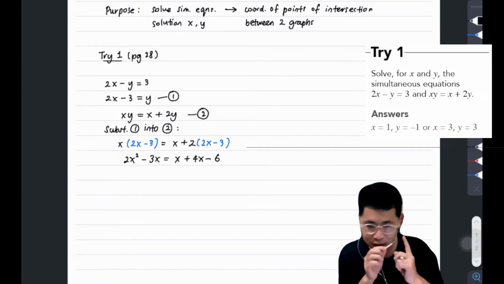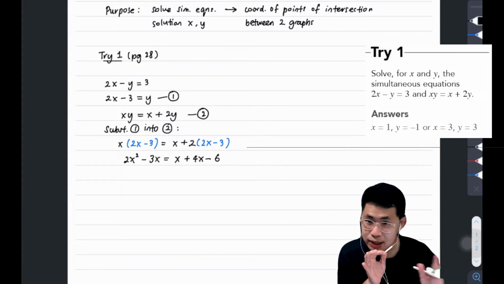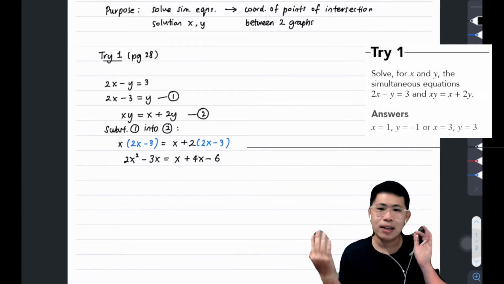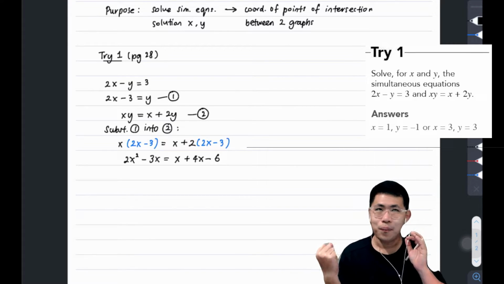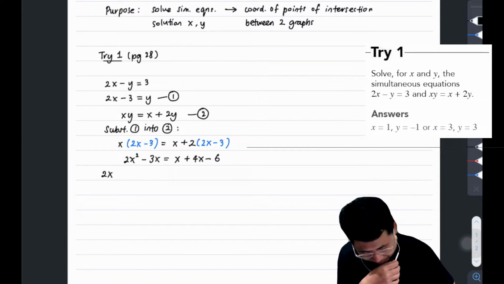Be careful of the notation there, the bracket notation. Because this is a quadratic equation, 2x squared and so on, I'm going to make everything into general form so that I can solve easily. So 2x squared minus 3 minus 1 minus 4, so minus 8x plus 6 equals 0.